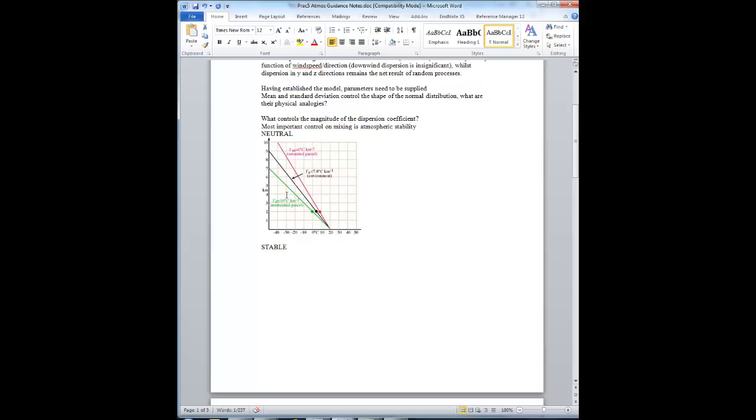Neutral conditions, drawn here, is when the dry adiabatic lapse rate and the local lapse rate actually coincide. In the little diagram here, that's the local lapse rate drawn through between the saturated and unsaturated. But really, as far as this exercise is concerned, just consider the unsaturated, the dry adiabatic lapse rate.